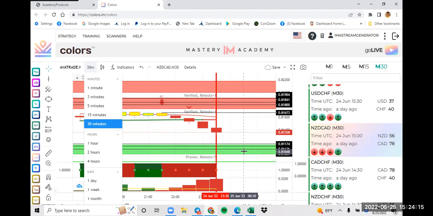It's not hard. You just need to know that whatever you do on one end, you got to do the opposite on the other end. If you get in on a red end zone, you got to get out on a what? Green end zone. There you go. That's colors. That's how simple colors is.